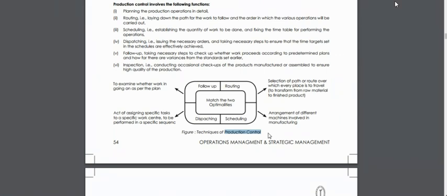But as a business person, I do not want overproduction at any time. I want an optimal level of production. To generate an optimal level of production, I need to use various functions which start with the planning stage.